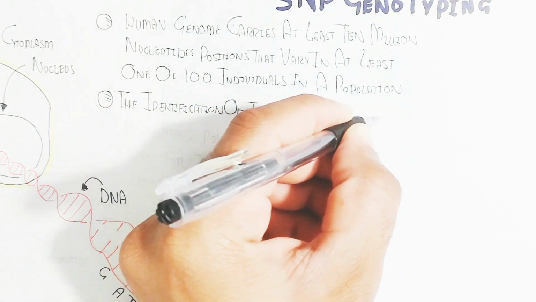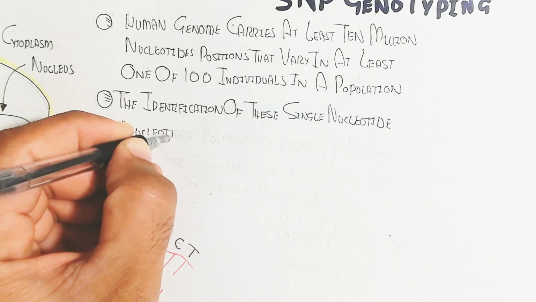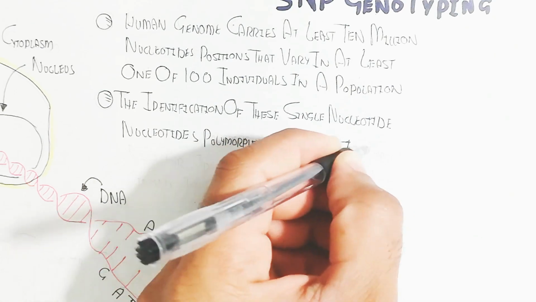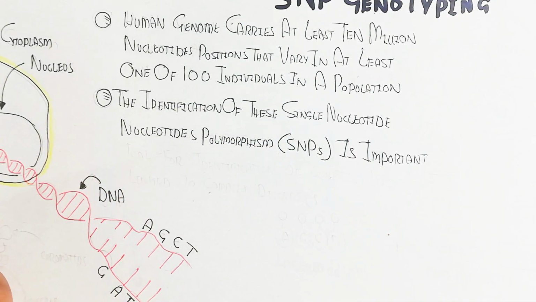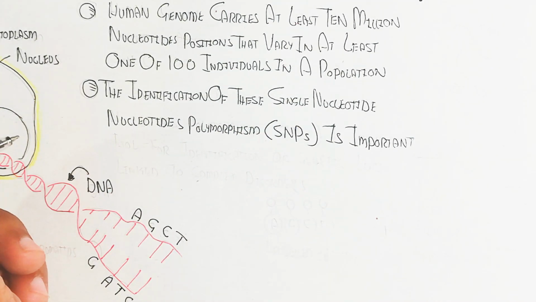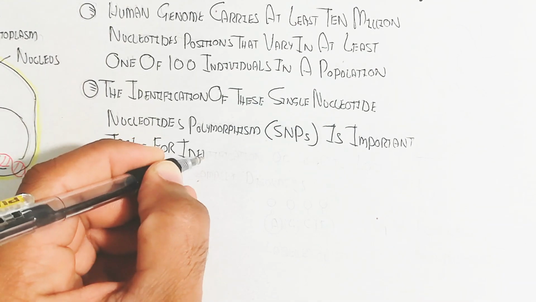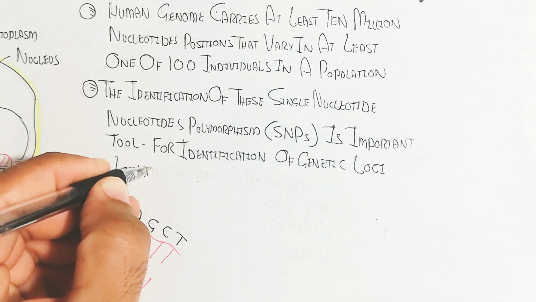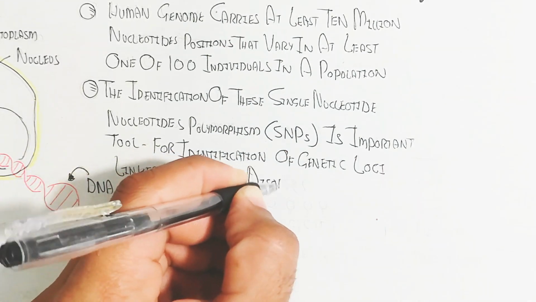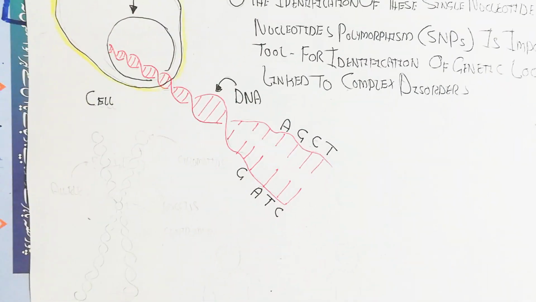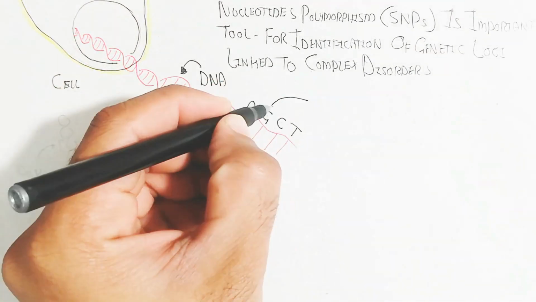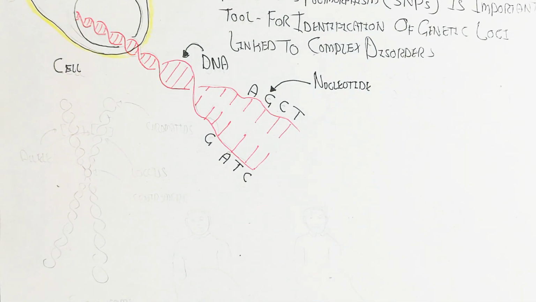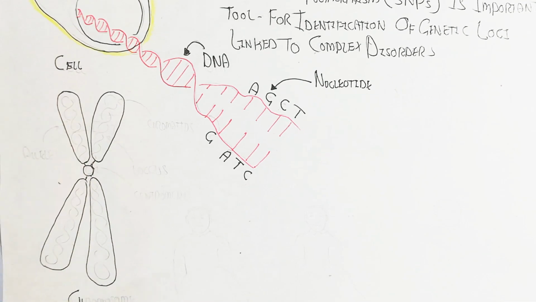The identification of these single nucleotide polymorphisms, SNPs, is an important tool for identification of genetic loci linked to complex disorders. So remember, the nucleotide positions that vary in at least one of 100 individuals in a population lead to changes, and we can identify and understand the disorders and diseases.